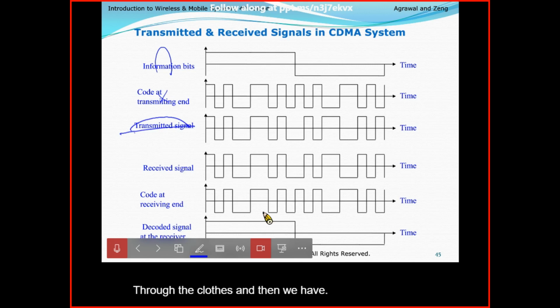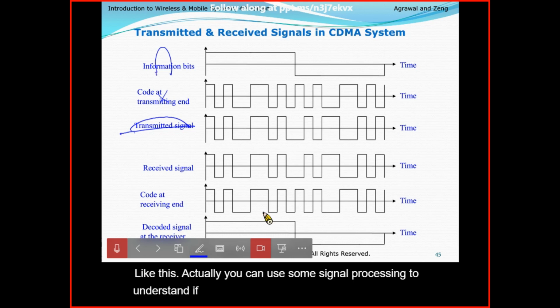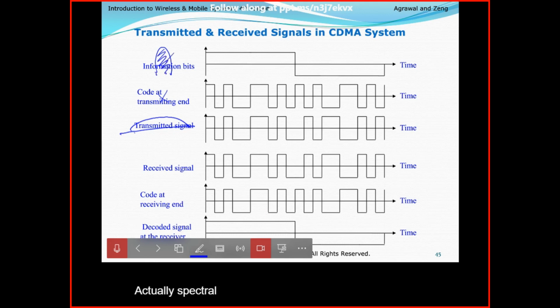Actually, you can use some signal processing to understand that if we have a spectrum like this, then we will have an area. And area actually talks about power or energy. So in fact, we will have the same area.